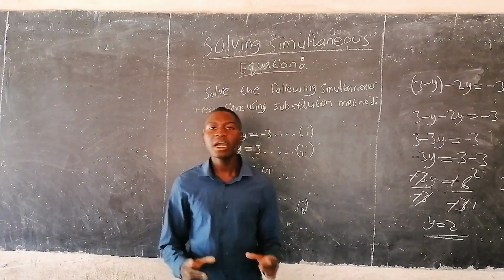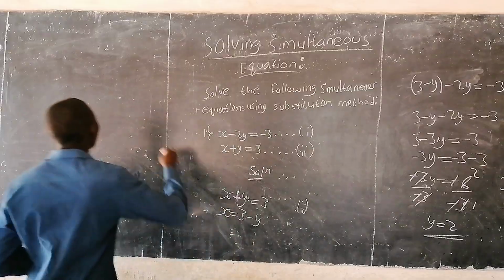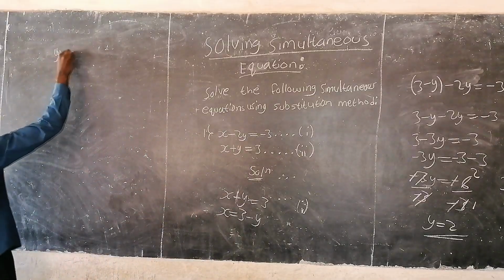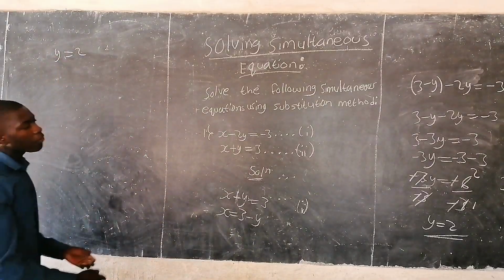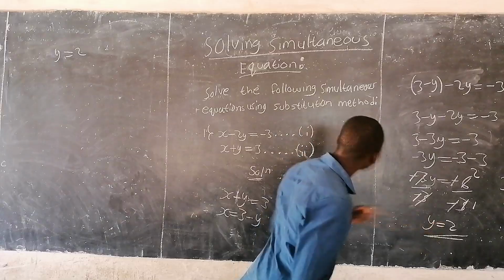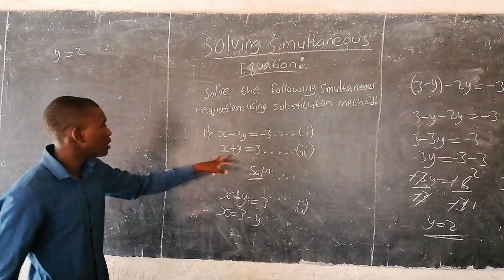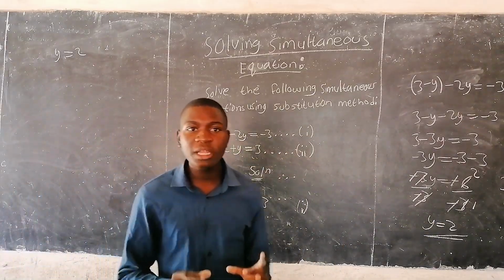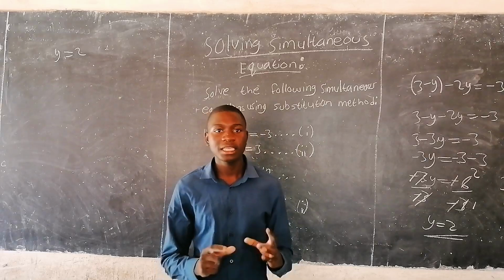As of now, we know that y is equal to 2, so we'll substitute 2 in equation number 2, because equation number 2 is our simplest equation.